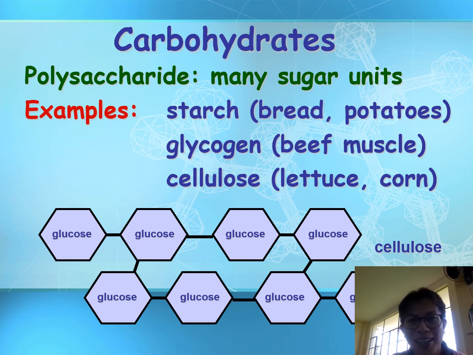This is an example of cellulose, composed of many glucose molecules. Glucose is a monosaccharide. Many monosaccharides make a polysaccharide. The structure below shows how cellulose looks.